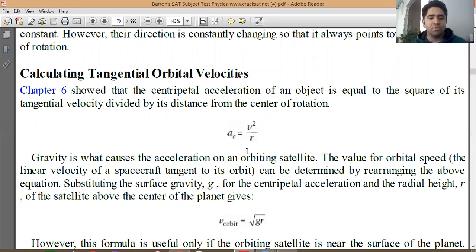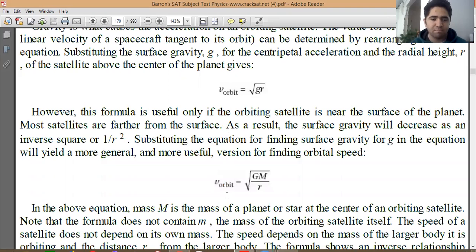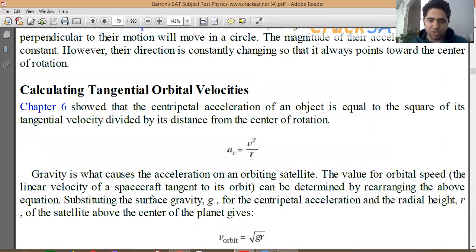But if you're talking about a satellite that is rotating, the centripetal acceleration is the acceleration GM over r squared. It's the same thing as the gravitational acceleration on the planet. So you could substitute a_c with g.